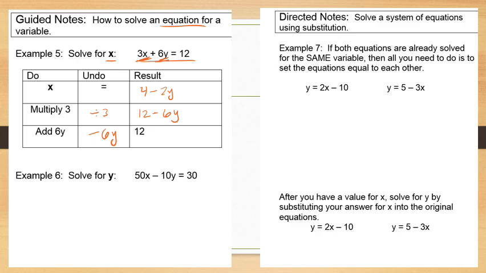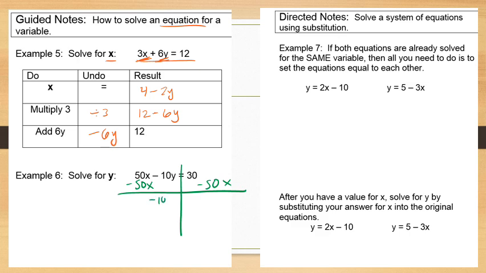Now I'm given a different problem in example 6 and asked to solve for y. You'll notice we're using two different methods. The first one, example 5, had an undoing table. This one in example 6 is simply solving with the balancing method that we know. So we're going to subtract 50x from each side to start getting y by itself.